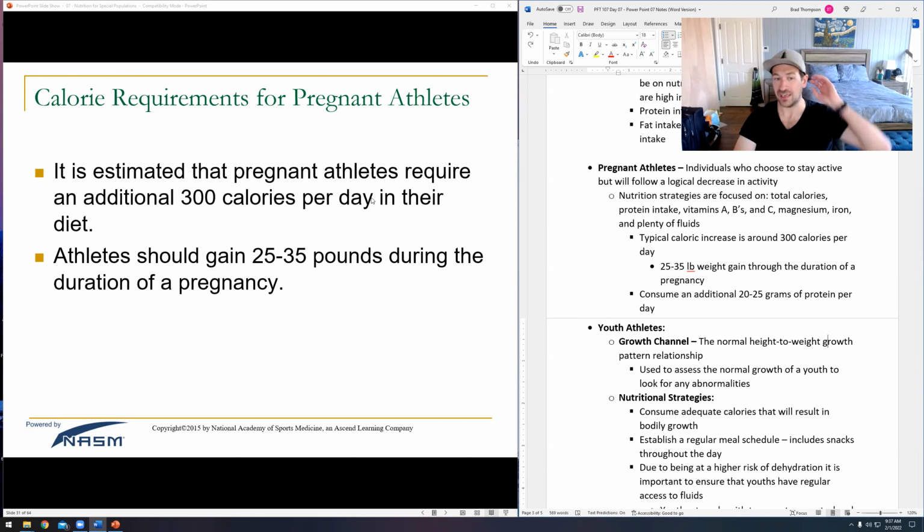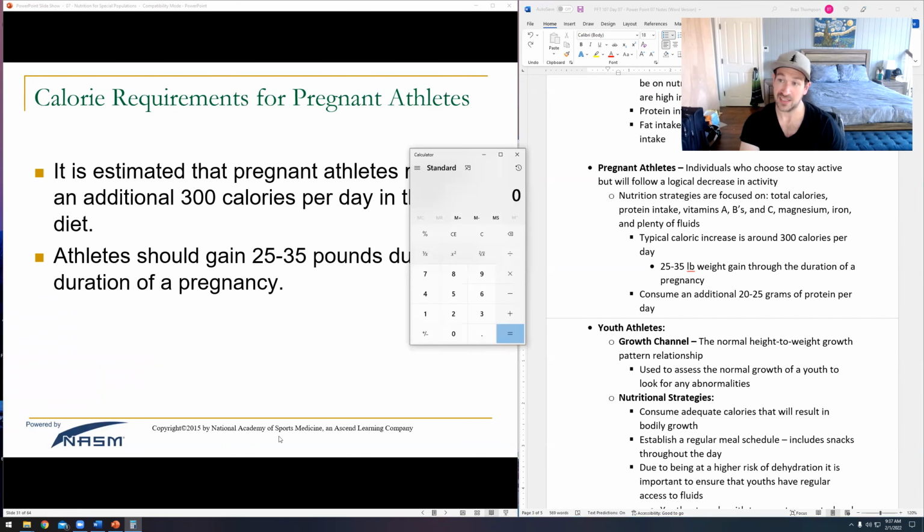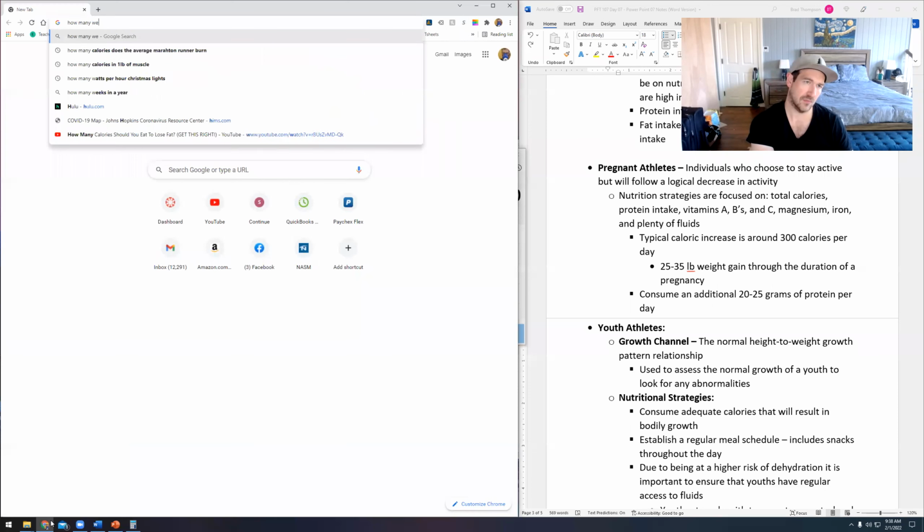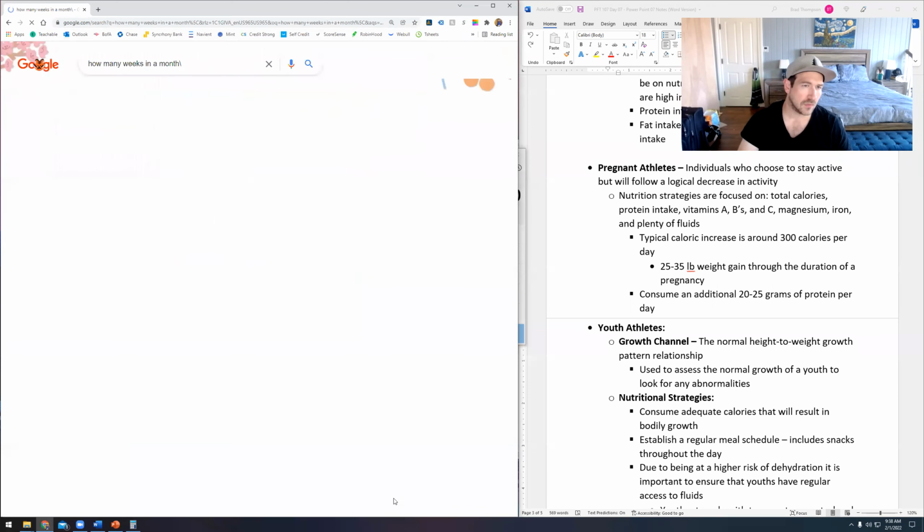Ideally, most pregnant athletes should be gaining anywhere from 25 to 35 pounds during a pregnancy. So you think about 300 extra calories a day, right? And that's going to be over a 9-month period. How many weeks are in a month? It's like 4.3.